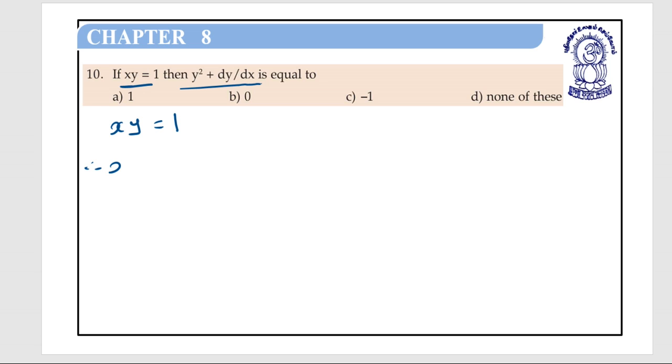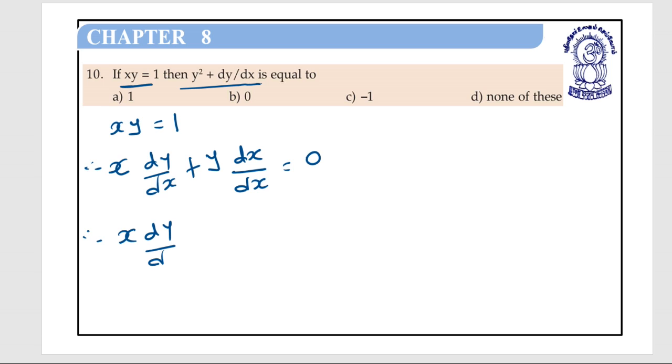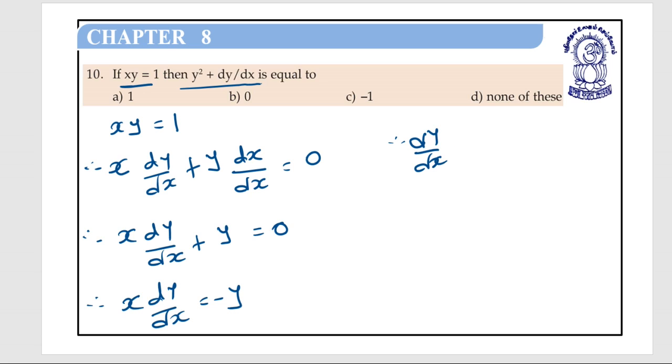So apply the u into v formula. x as it is dy by dx plus y as it is dx by dx is equal to the derivative of the constant term 1, which is 0. x dy by dx plus y dx by dx, it means 1. So x dy by dx plus y is equal to 0. So x dy by dx is equal to minus y. So dy by dx is equal to minus y by x.